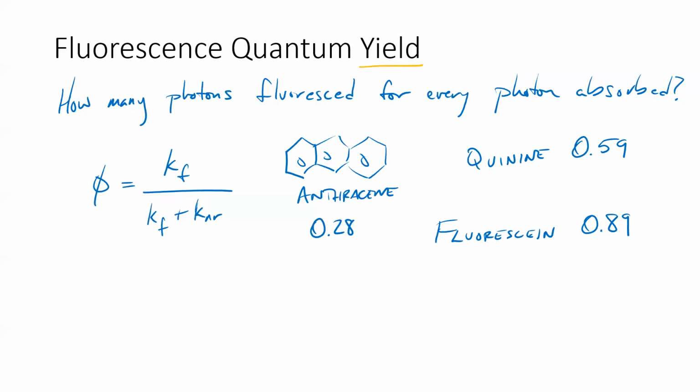And so you want to choose a tag that gives you pretty good return on your investment in terms of inputting some excitation photons and getting out some fluorescent photons. So the higher the quantum yield, the more fluorescence you'll see.